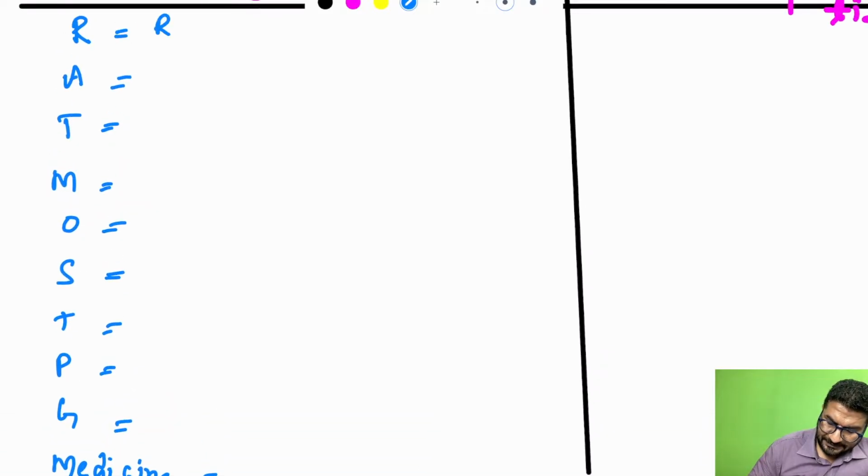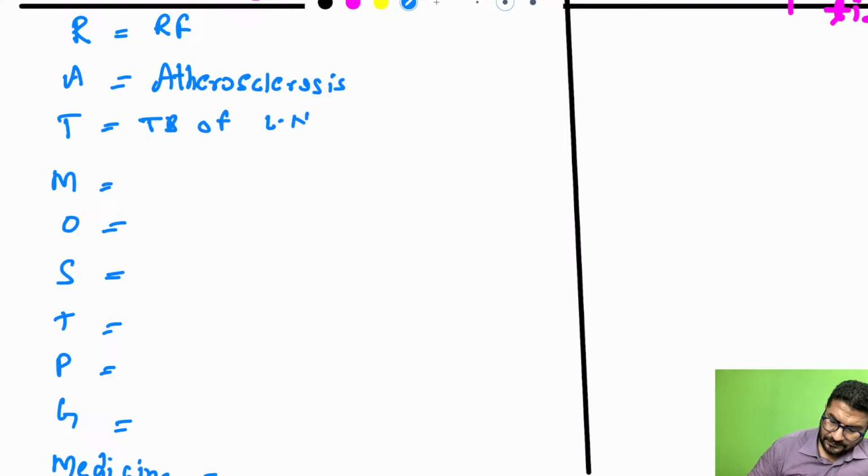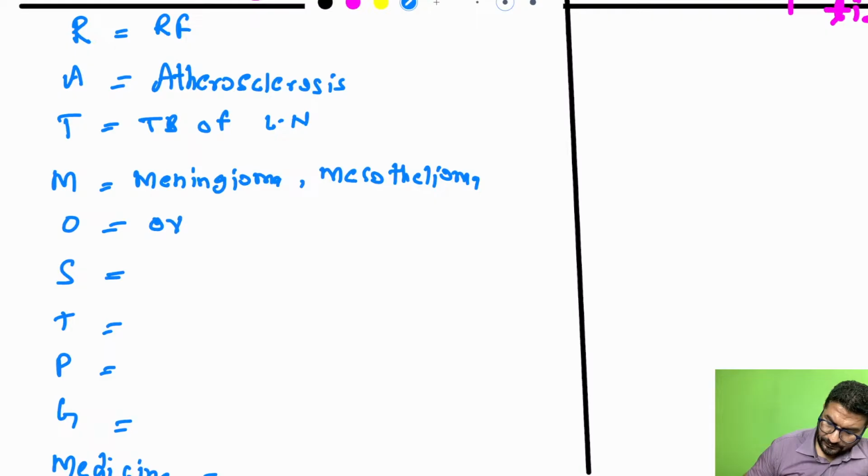So RAT means rheumatic fever. A for atherosclerosis. T for TB of lymph nodes. M for meningioma. M for mesothelioma. O for ovarian cancer. S for salivary gland.